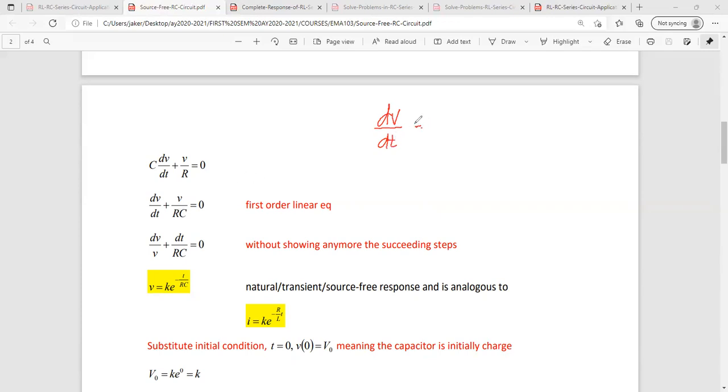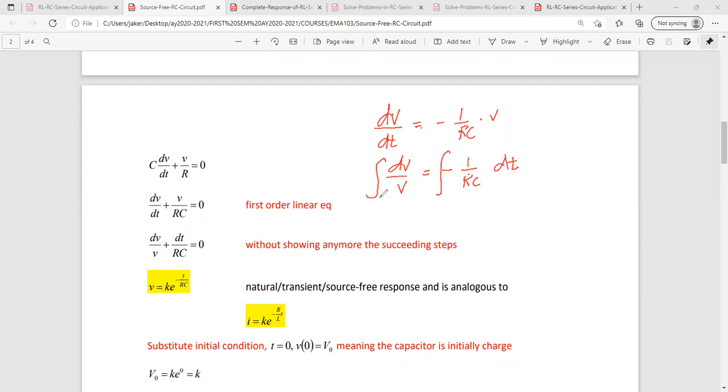I'll transfer this to the right side, so that would be negative 1 over RC times voltage. I can transfer the V here and dt there. So that expression would be dV over V equal to negative 1 over RC dt. Right? Separation of variables. So you can integrate right away.